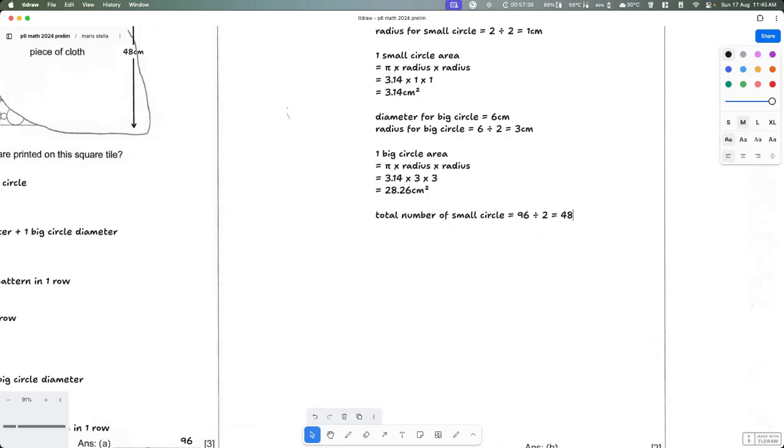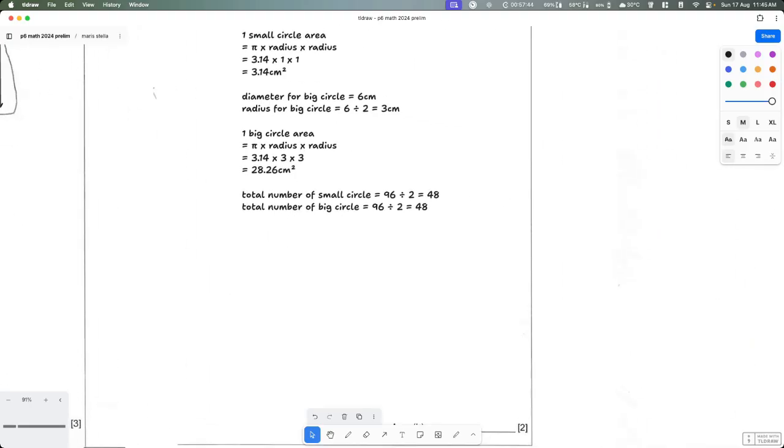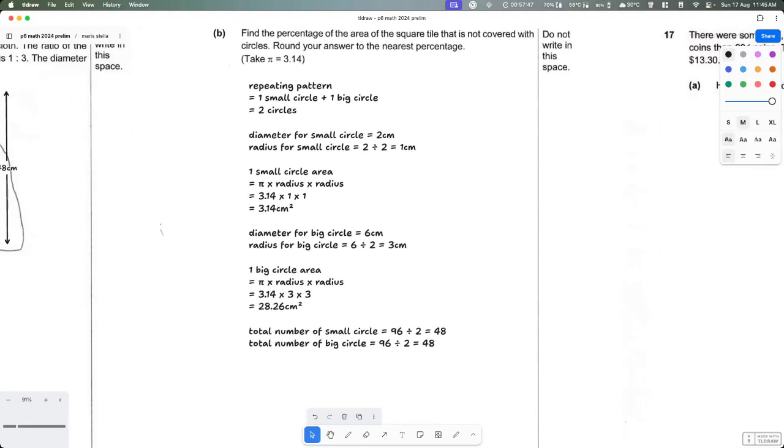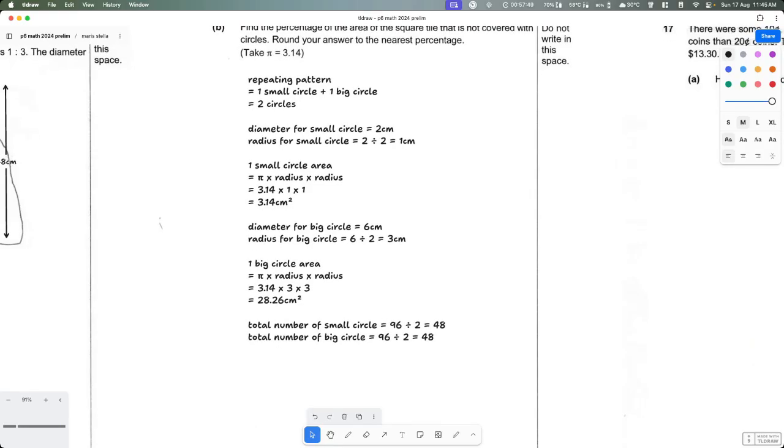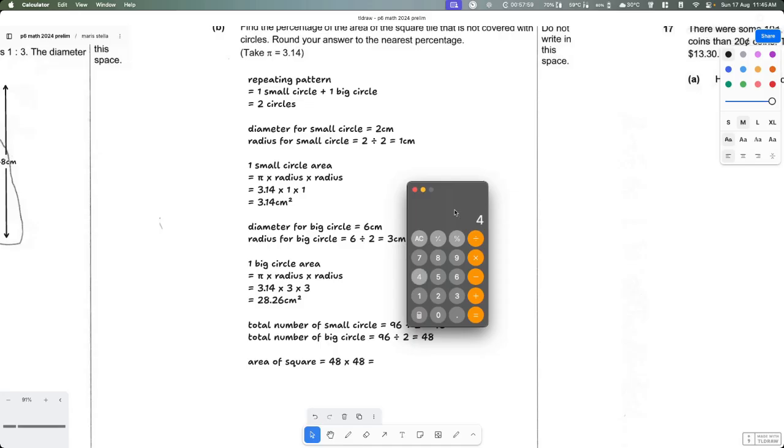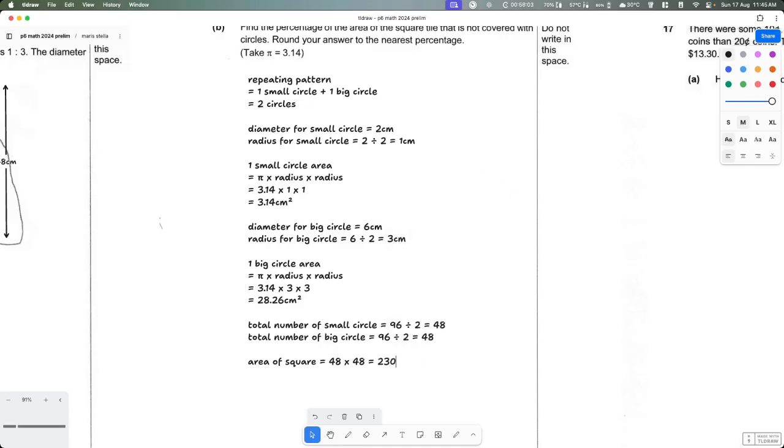Same goes for the big circle, which is 48 as well. So now we just need the area of the square. Area of square is equal to 48 times 48. Let's do that. 48 times 48 will give you 2304.